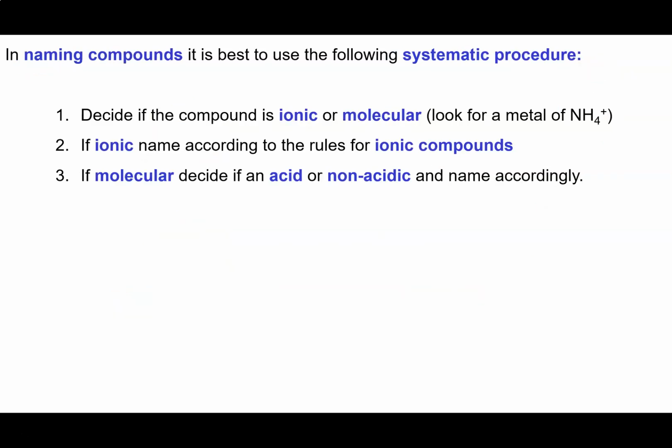Okay, so when you're naming these compounds, you're going to need to follow a systematic procedure. The first thing you've got to decide is, is your compound ionic or molecular? You do that by looking for a metal or the ammonium polyatomic ion. If that's present, you know that your compound is ionic.